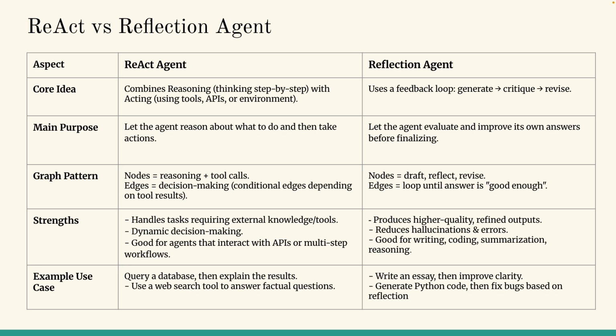For the Reflection Agent: write an essay, then improve clarity; generate Python code, then fix bugs based on the reflection. It will create an initial Python code, then reflect based on the given feedback, then fix the bugs or improve the code. Finally, after some iterations, when the result is satisfactory, it will end the loop and generate the answer.